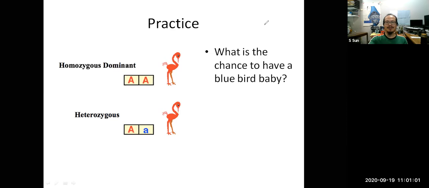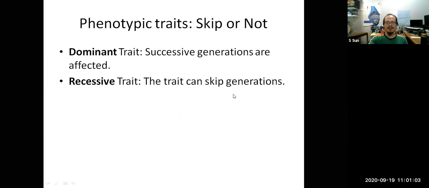Close this one. All right, okay. So the dominant trait will be happening successively from one generation to the next generation.